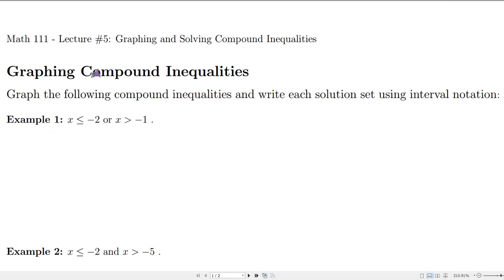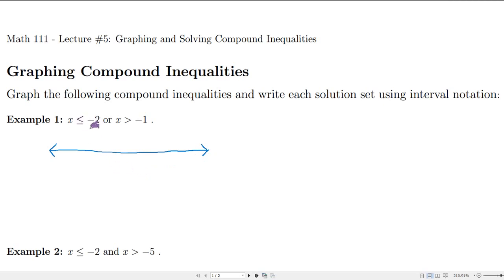So for example, let's say that you had these two inequalities. So x is less than or equal to -2, or x is greater than -1. So let's try to graph both of these. So x being less than or equal to -2, if we start to draw this out on a real line, what will we have?